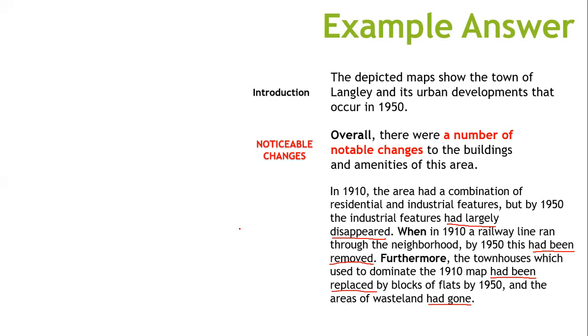So take note of the past perfect tense. We have to use past perfect tense in writing task 1 map, because we talk about changes in the past, two things that happened in the past, all right? So two things happened in the past. That is why we have to use past perfect tense.